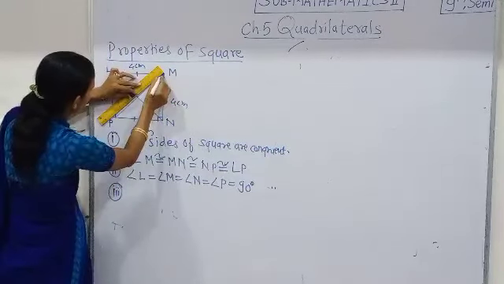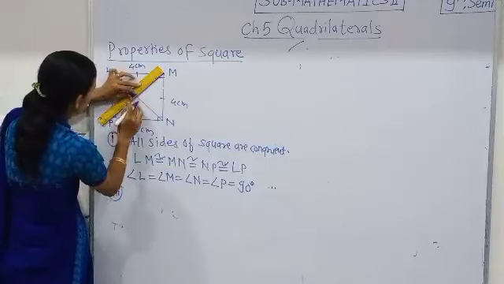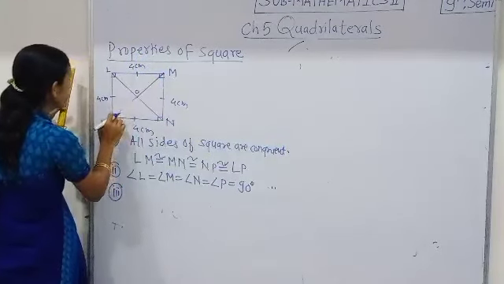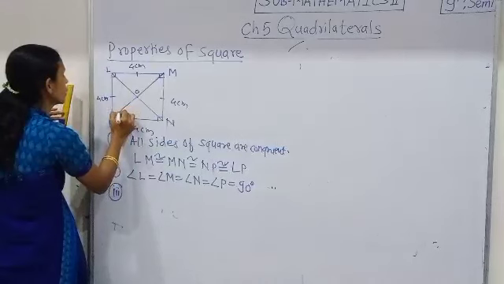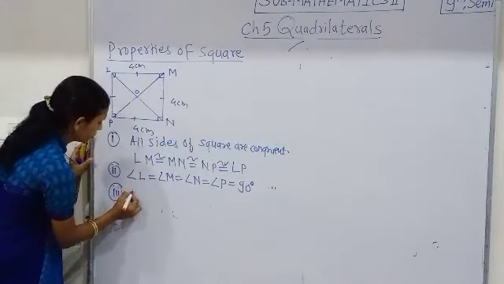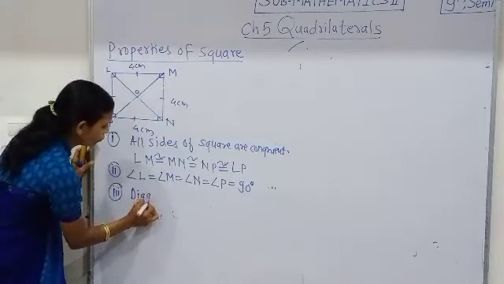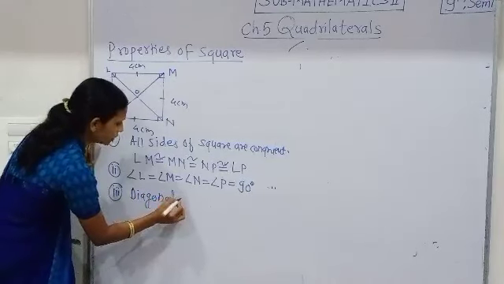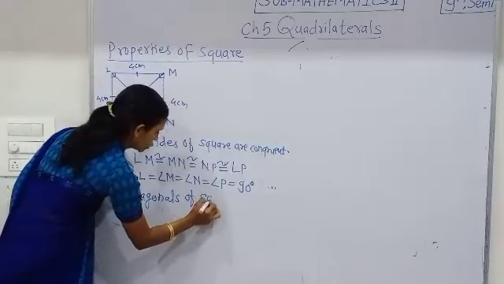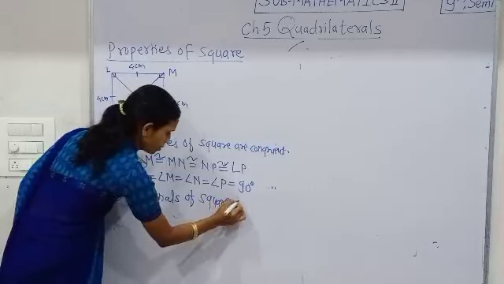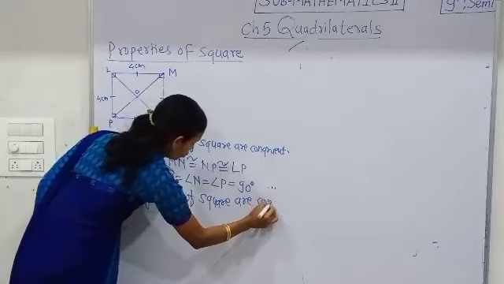That means if the lengths of those diagonals are the same, then the diagonals of a square are congruent. That is one of the properties of a square: diagonals of a square are congruent.